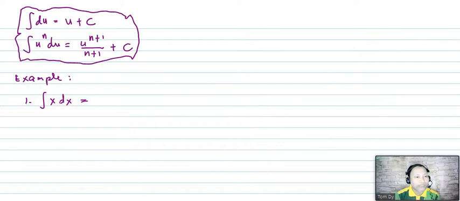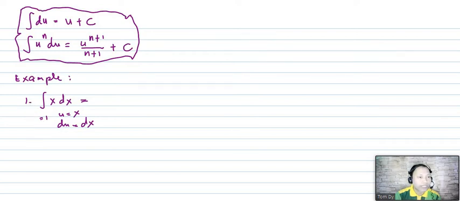Then the derivative of u equals dx. So let u equal x, so that the derivative of u, which equals du, is also the derivative of x, that is dx. We have here dx, and we have your x as our u. So our n is 1 for this case, n is equal to 1.